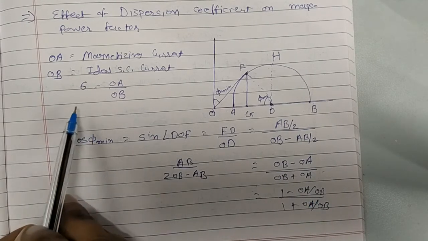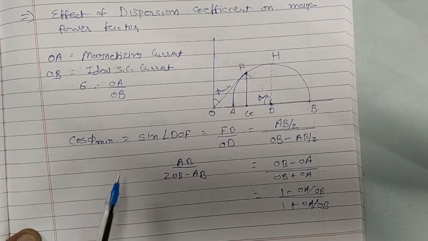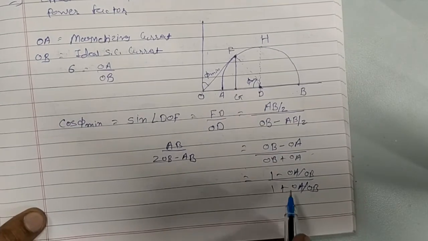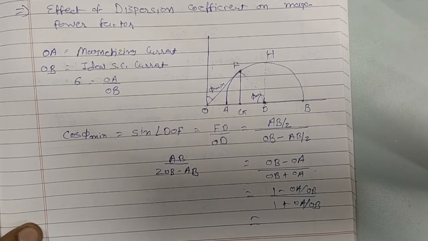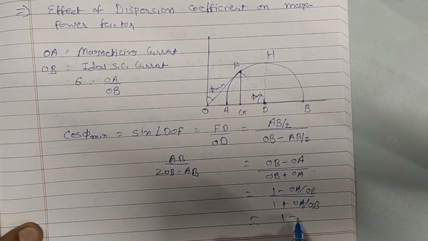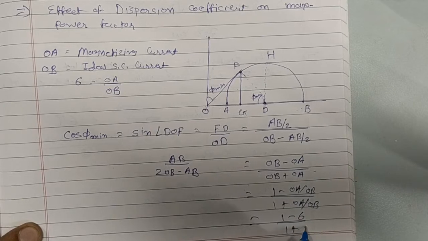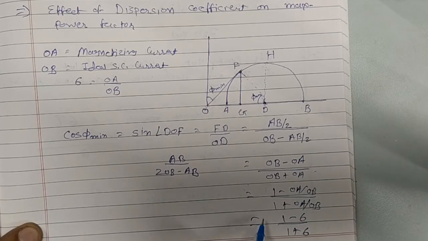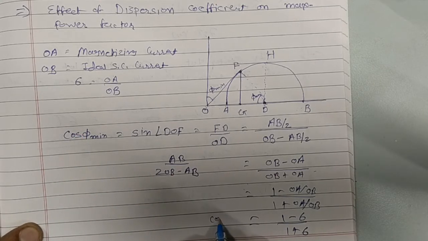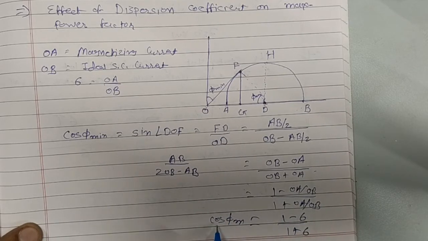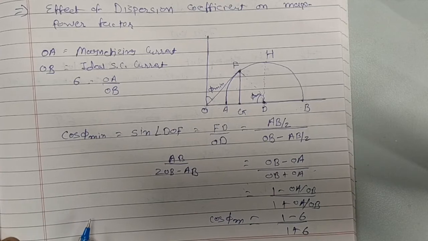It is sigma, as I said before. So this will become 1 minus sigma upon 1 plus sigma. This is the final relationship for my maximum achievable power factor, cos phi m. This is how the dispersion coefficient and the maximum available power factor are related.